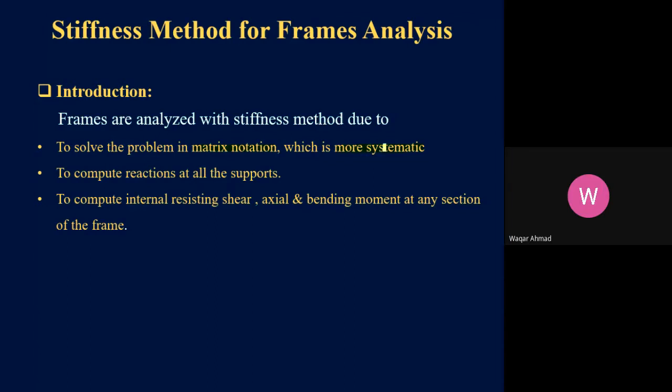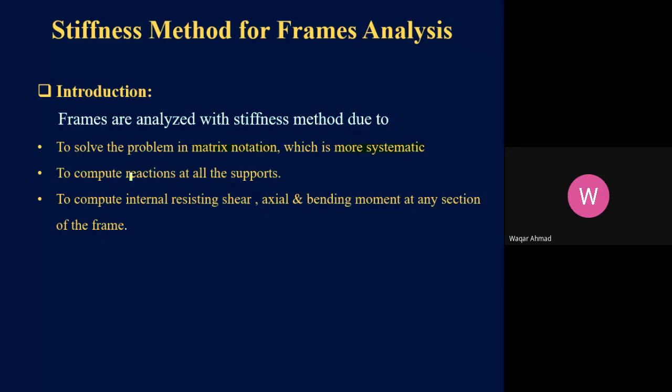Okay, so in this lecture we will be analyzing the frames using the stiffness method, and you know that the stiffness method is one of the matrix methods. So we will be today solving the frames using those matrices, which we will be putting in the equation which we developed for beams last time using the stiffness method.